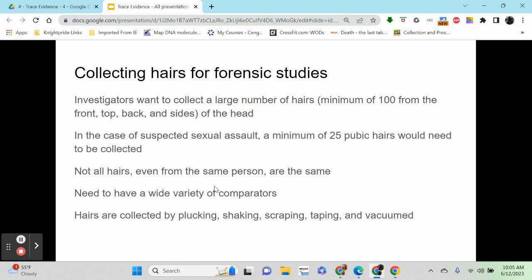So most of the time, hair collection is going to be at least 100 hairs. They're going to collect those from all parts of the head because different hairs in different locations, especially if someone may have had their hair dyed, are going to have natural variation. And so they're going to be examined to see what characteristics and traits they have.